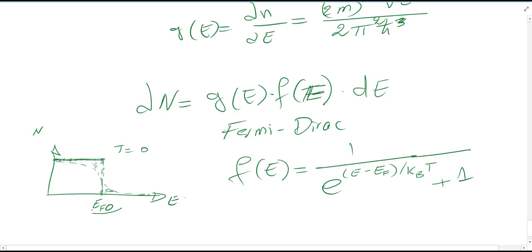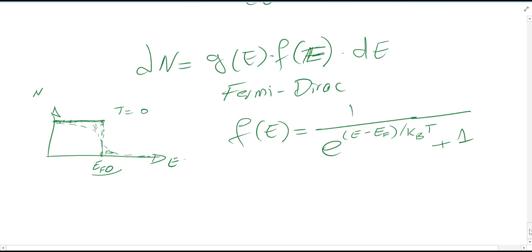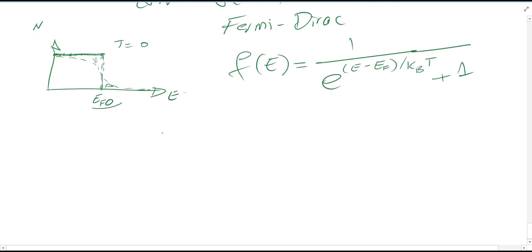Okay. So this is basically how we're going to treat that. It is true usually for metals to treat the Fermi level, which is really where the cutoff happens in here, as equal to that with T equal to 0 Kelvin.